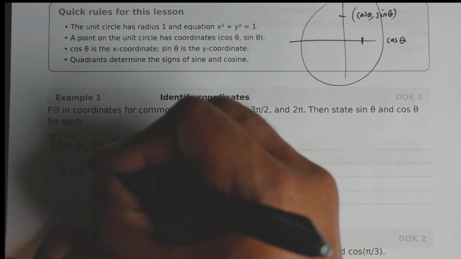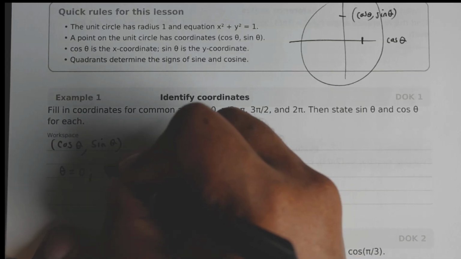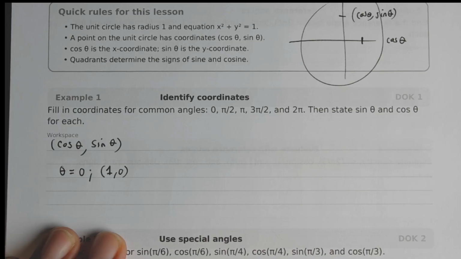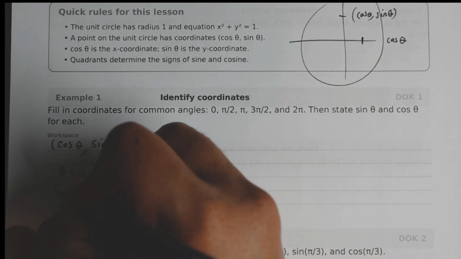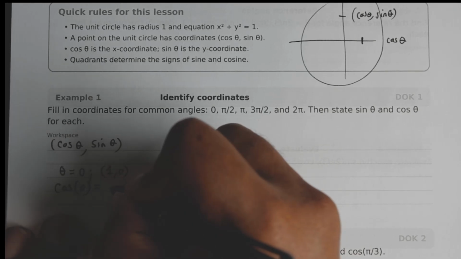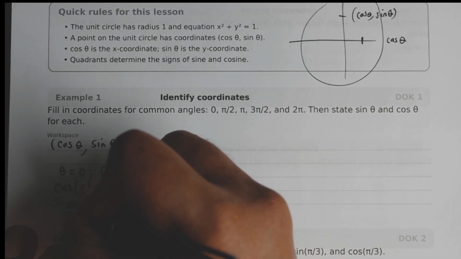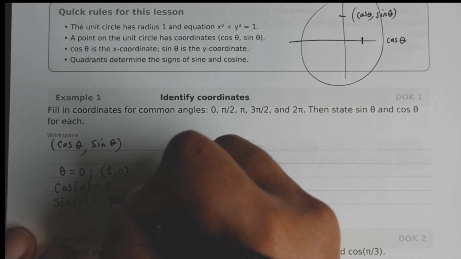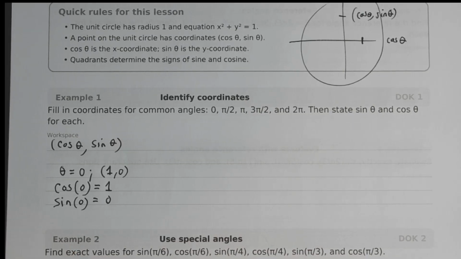So that point would be 1, 0. Whereas the cosine of 0 is equal to 1, and the sine of 0 equal to 0.